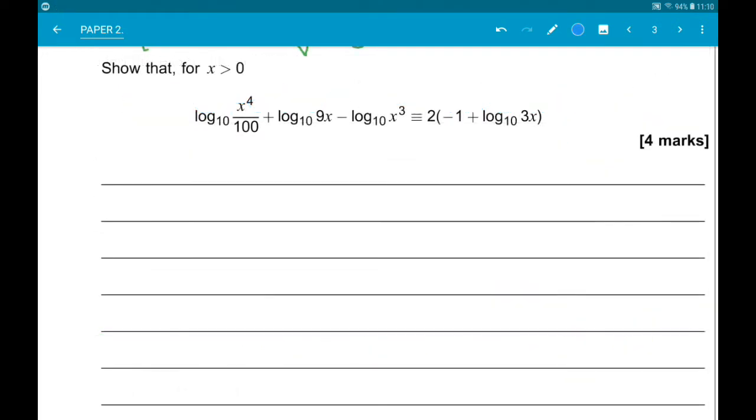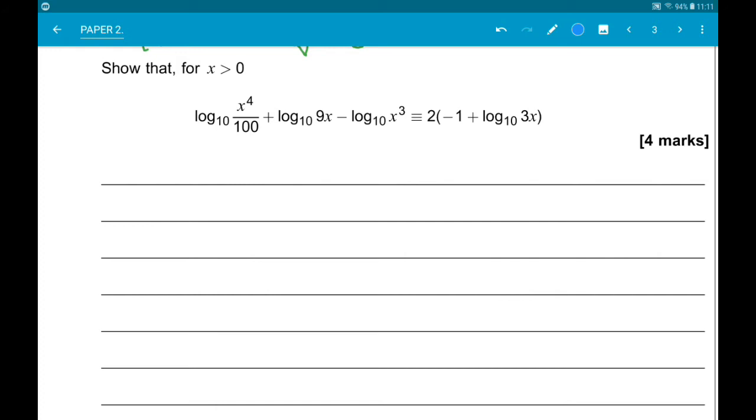Number 4. For x greater than 0, we want to prove this identity with logs. Okay, so starting on the left, when you add logs together, you multiply the insides.